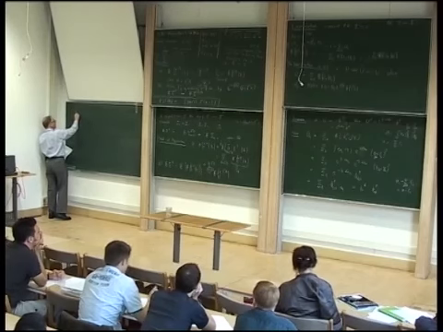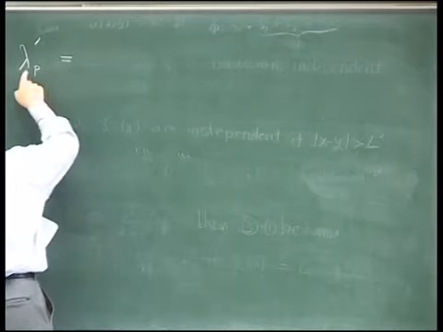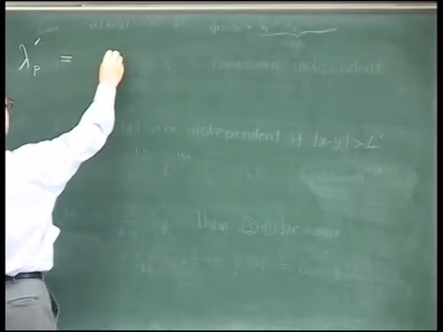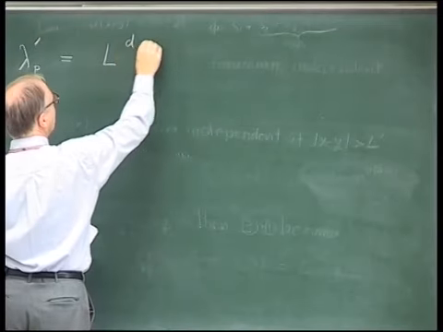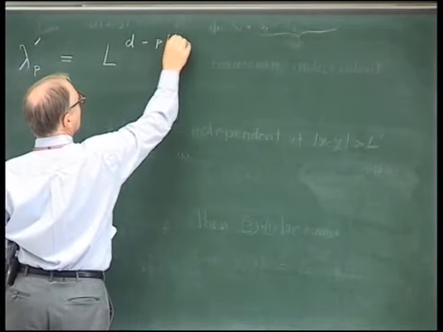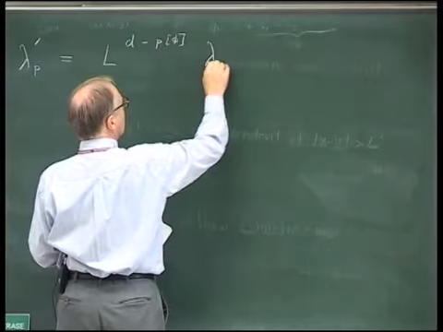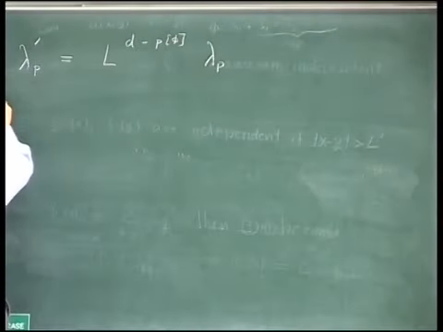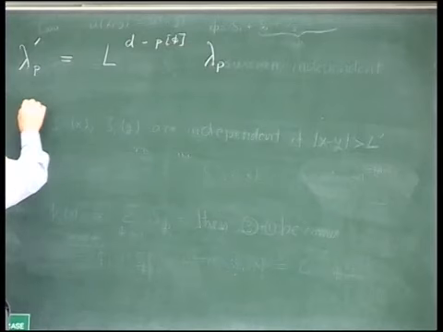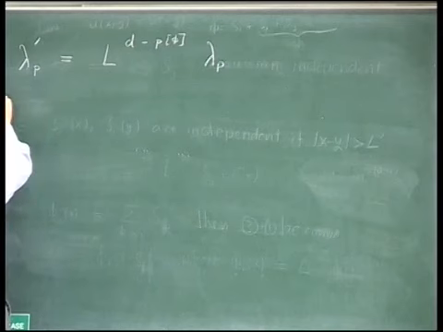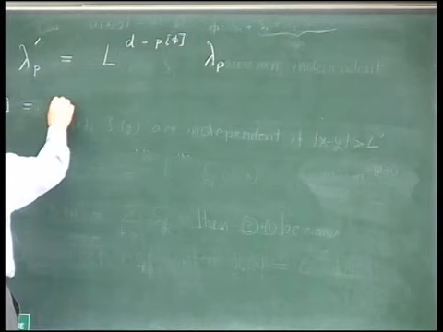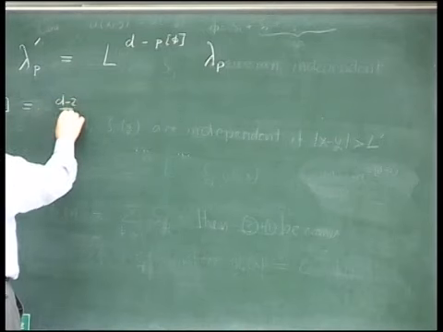Lambda prime sub p, the coupling constant in front of the pth power, is L to the d minus p times phi, lambda sub p. So let's look at this with various dimensions, where phi, let's put in what phi is. The canonical choice for the dimension of phi is d minus 2 over 2.